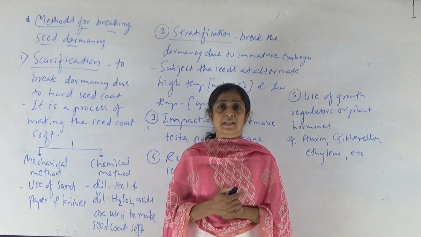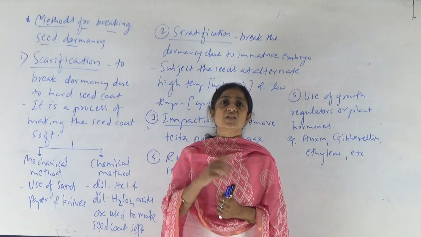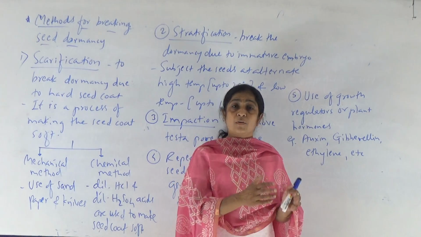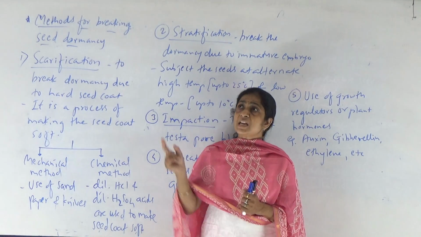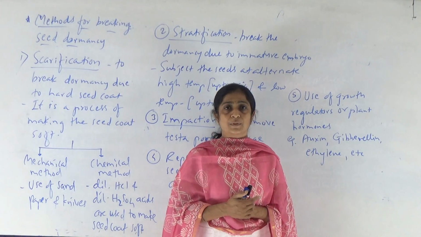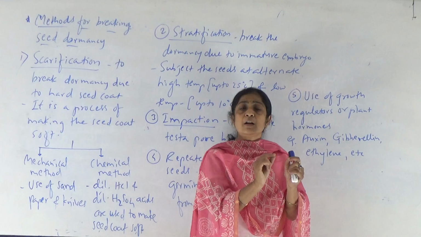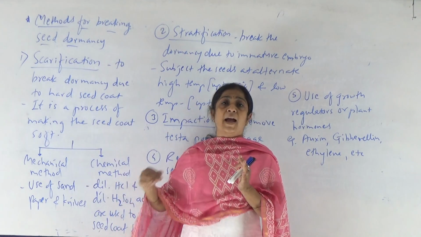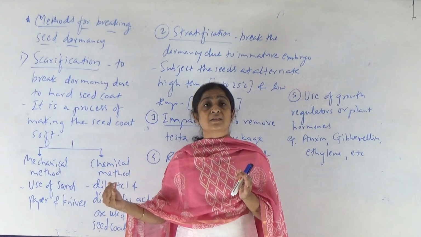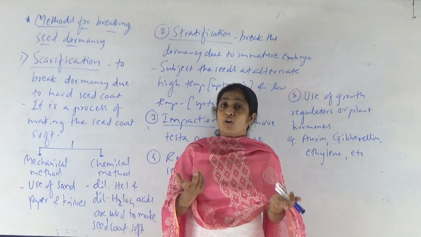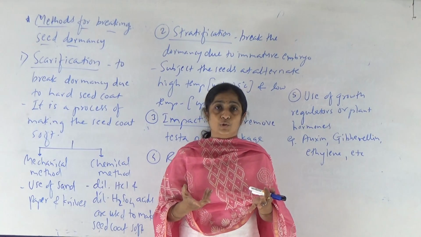Different pH is there: in some part of the gut acidic pH, in some part alkaline pH. So these seeds come in contact with different pH as well as different enzymes, and that makes the seed coat soft. These seeds are released outside the animal's body along with its excreta, and then seeds are able to germinate. So this is a natural method of breaking dormancy due to a hard seed coat.